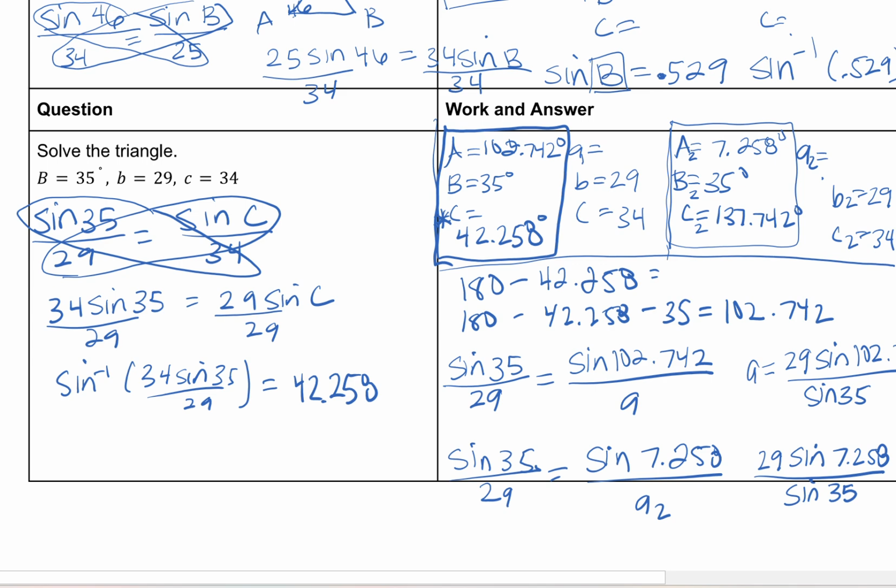So when we enter that in the calculator, we get a1 is 49.315, and over here we get a2 is 6.388. Okay, so we've got our two triangles. They both have A, B, and C. And the ones that we solved for were little a, and those two. And then we solved this one, and this one. Okay?